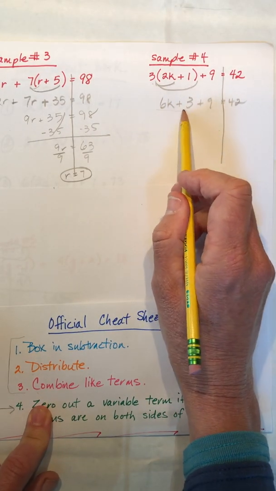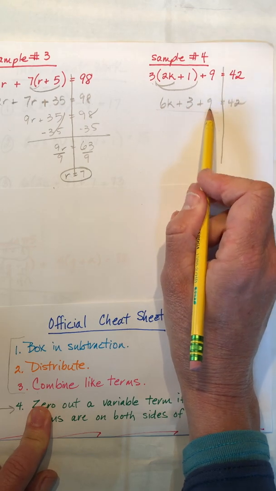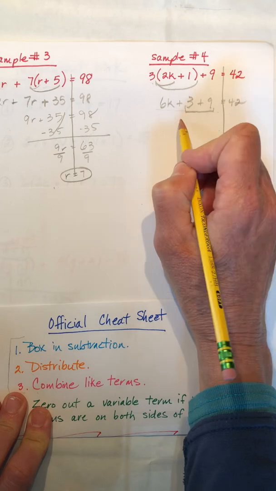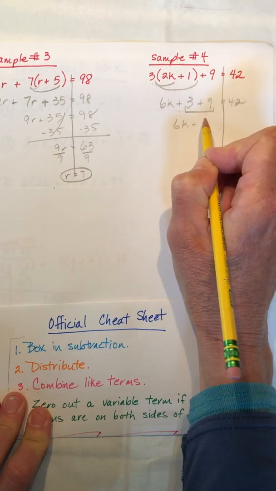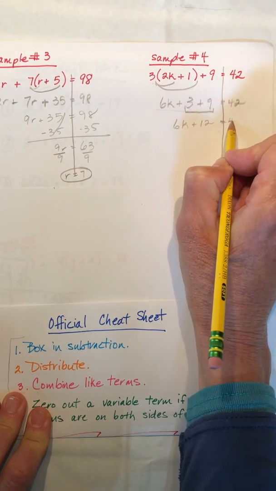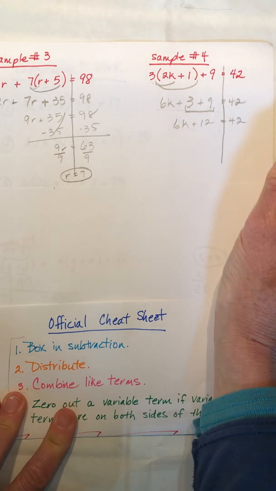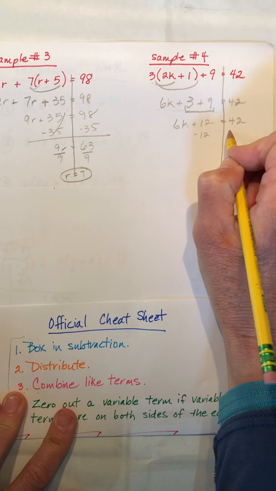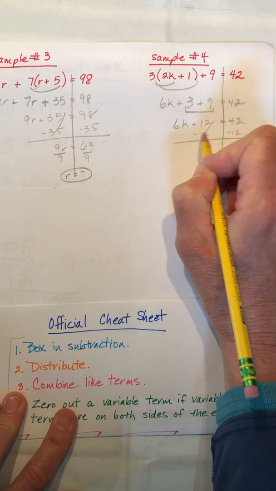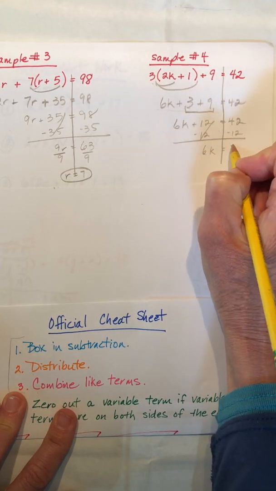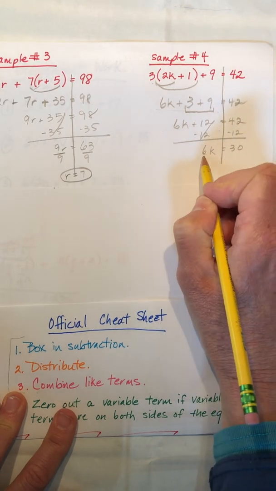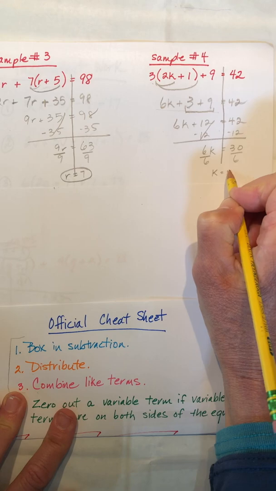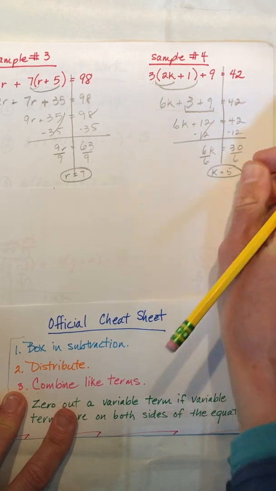Let's see. The 3 and the 9 are celebrities. These guys can be combined. So I have 6k plus 12 equals 42. Now I'm ready to solve. I can subtract 12 from both sides. Bada boom, bada bing. Dividing both sides by 6, and k is 5.